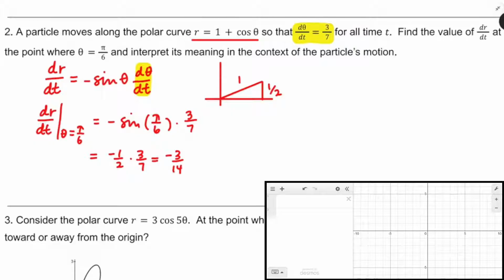Now, interpret its meaning in the context of the particle's motion. As for meaning, r is decreasing. In the context of motion, r decreasing means getting closer to the origin, provided that r is positive. Let's make sure of that. 1 plus cosine theta at pi over 6 is going to be 1 plus a positive number, so yes.